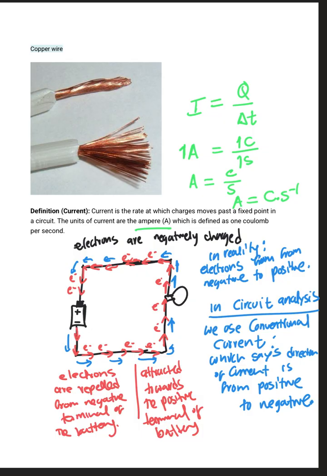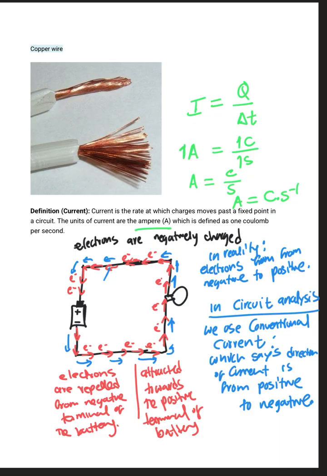But what I showed you here is so that you understand that the real direction of electric flow is this, and the reason is that electrons are repelled from the negative side and attracted towards the positive side. But when you do calculations in circuit analysis, we use the conventional current, which says that current moves from the positive terminal to the negative terminal.